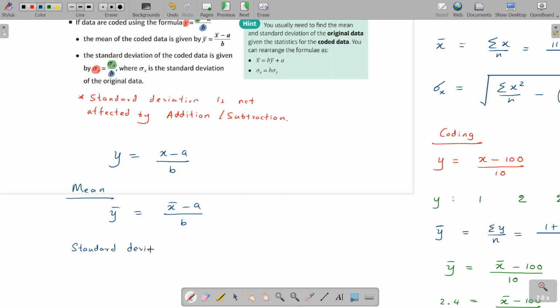This equation becomes sigma y, sigma x. Are we writing minus a? No, divide by b. So this is extremely important. You need to remember in standard deviation, the minus a part does not count. That's extremely important.